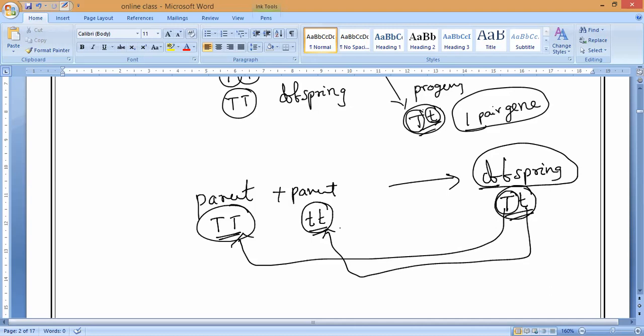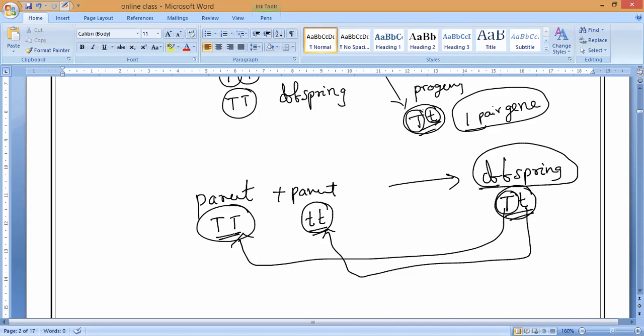So this is what we call the progeny. If you take any kind of characteristic or trait which is developed in the offspring, one male gamete and one female gamete carry one gene for each characteristic, from a pair of genes of the parents.